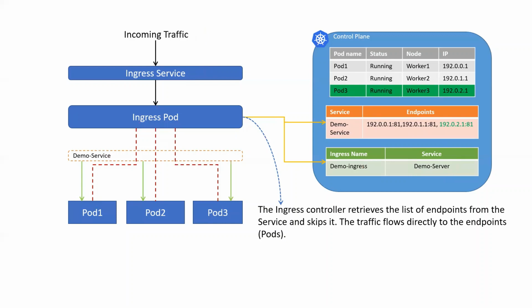So what happens when you put a third pod in place? Immediately, as we saw initially, the data will be pushed by the Kubelet to the control plane, and that will be updated in the etcd table with all the details. And then, if it's part of a service, again the service will pull all the pod details, and the pod details will be saved as endpoints, right?